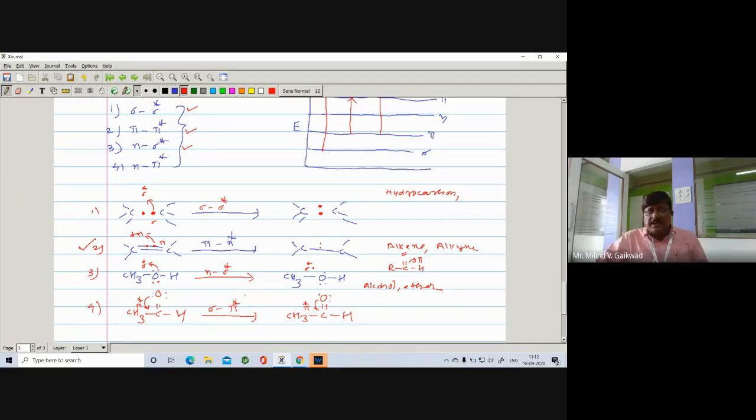So in the exam, they will give the names of compounds and ask which of the following undergo sigma to sigma star transition, pi to pi star transition, n to sigma star transition, and n to pi star transition.